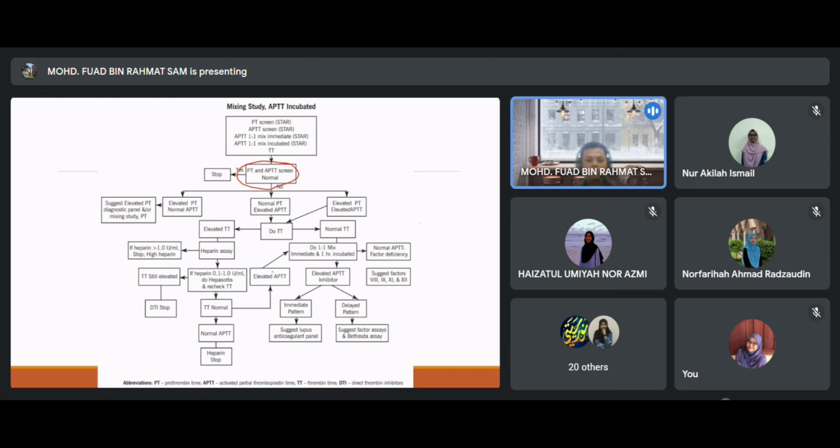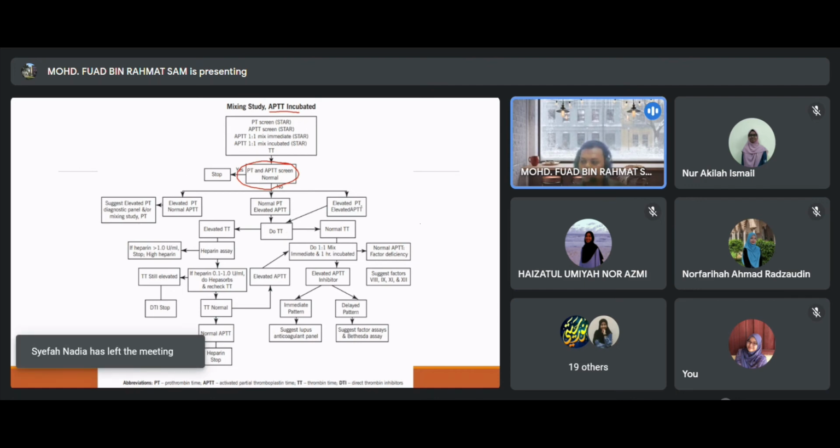TT ni ialah thrombin time, ya, thrombin time. Okay, so start to familiar, PT lah, TT lah, APTT lah, semua TT yang belakang tu obviously pasal time. Okay, so basically this the mixing study for APTT incubated, sama saja dia applykan kepada mixing study for the PT incubated juga.